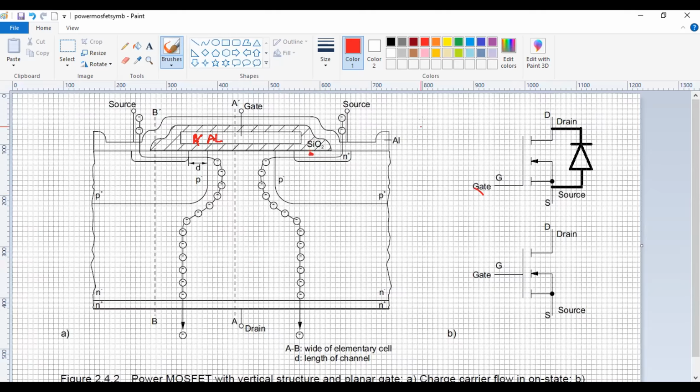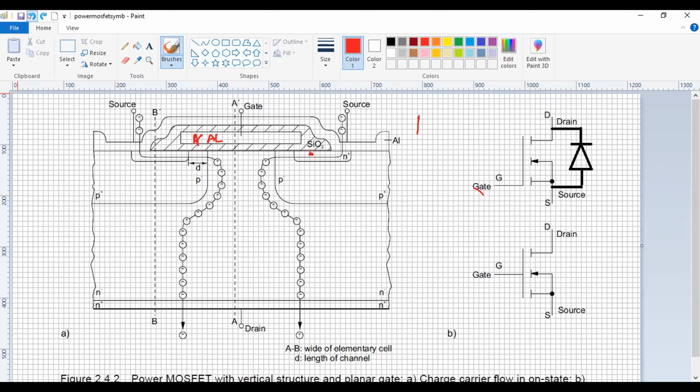You remember what we saw before, that if we're looking at the smaller signal ones, I would have a source there, the drain here, and in the middle I would have the channel. So it'd be lateral, but this is not lateral. This is a vertical structure. That's one of the differences between these two.